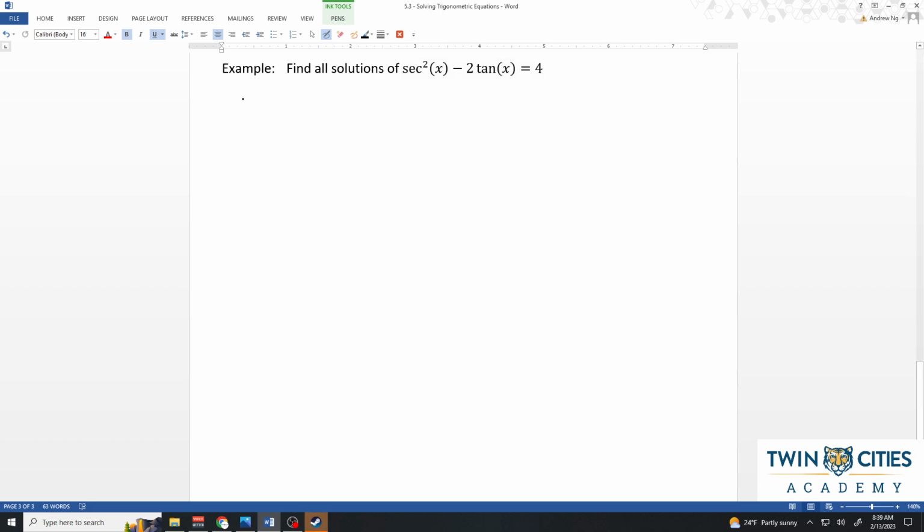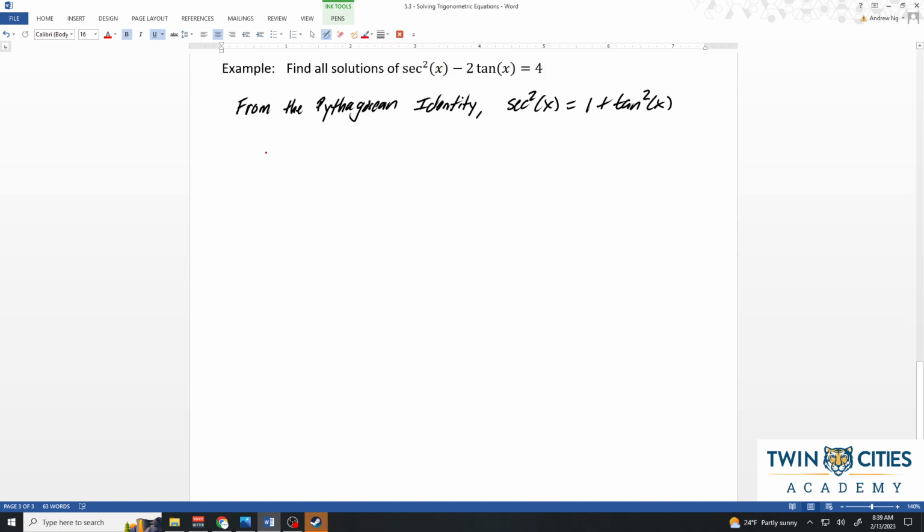Okay, so I say, from the Pythagorean identity, secant squared of x equals 1 plus tangent squared of x. Then I can say that this secant squared is now 1 plus tangent squared.